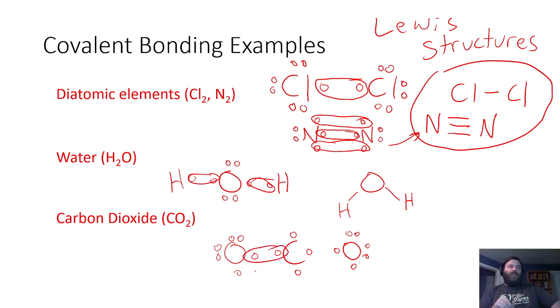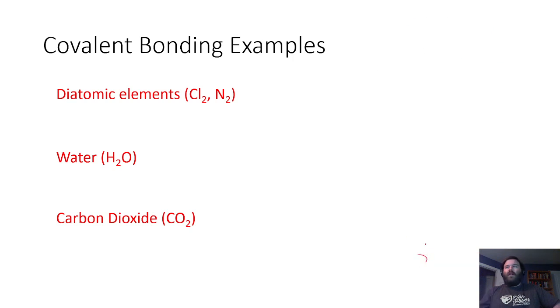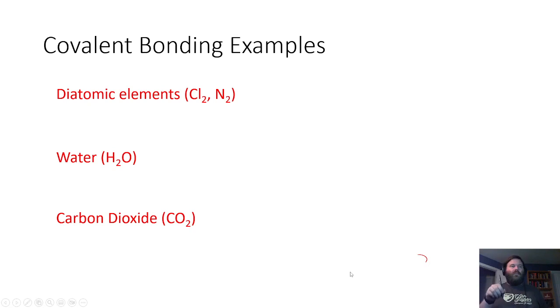And so we get bonds here, and I drew it kind of badly, but bonds here, and so there's a double bond on both sides in this case, and so you get this linear molecule. I erased them, but a linear molecule is like this.